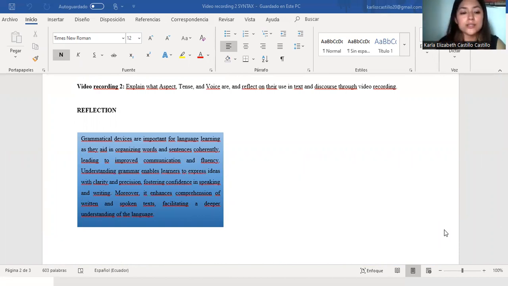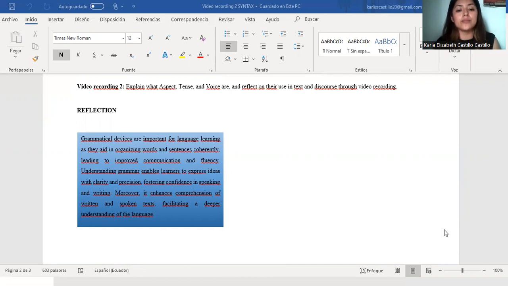Now let's get started with my personal reflection of the topic. Grammatical devices are important for language learning as they aid in organizing words and sentences coherently, leading to improved communication and fluency.